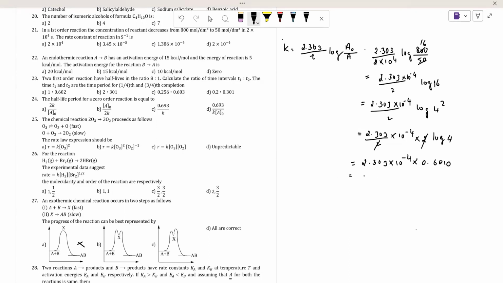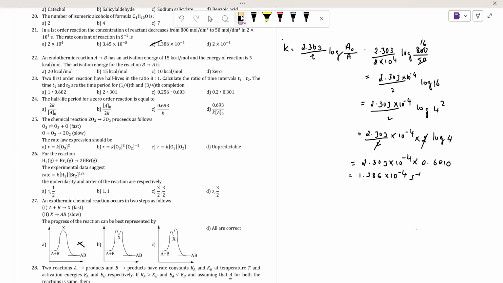Now the product of this will give rise to the value of 1.386 into 10 power minus 4 second inverse. So this is the correct option. For the 21st question, option C will be correct.